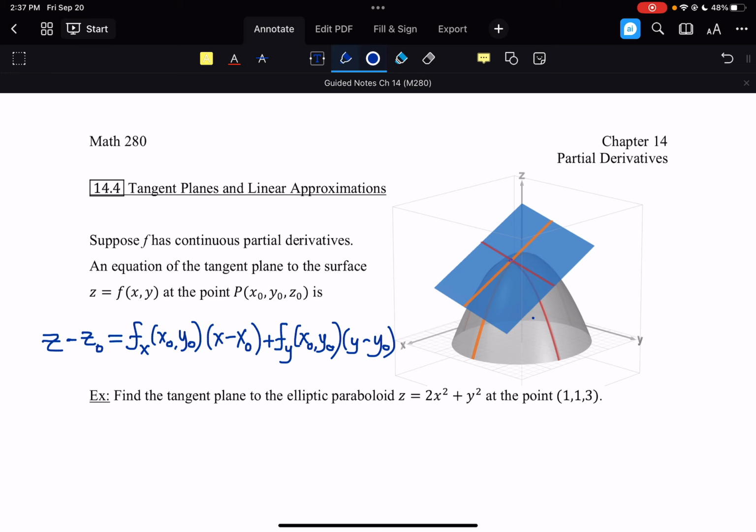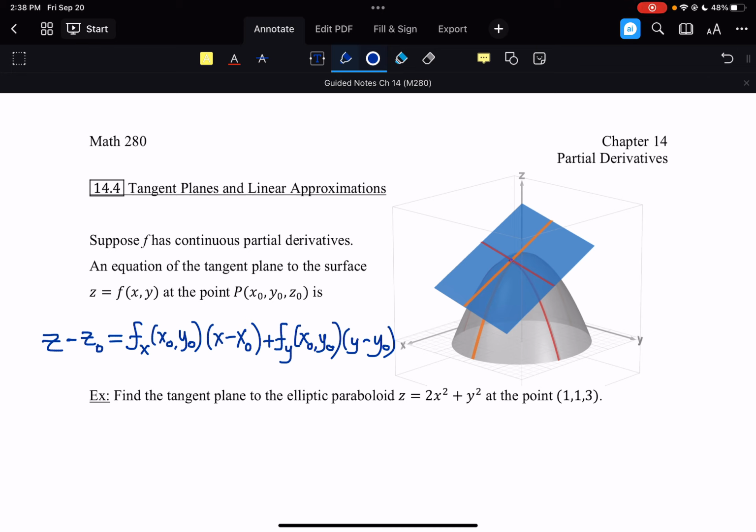And you can see over here, I have a diagram of kind of what this looks like. So we've got our surface here, and we've got a plane that is touching the surface at this point right here. You can see it kind of sticking out right there. And we want to find the equation of this plane that touches the surface at that point.